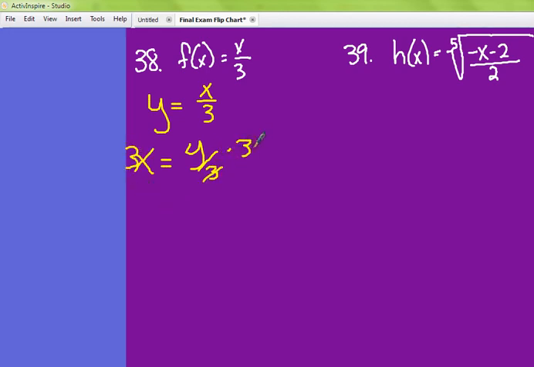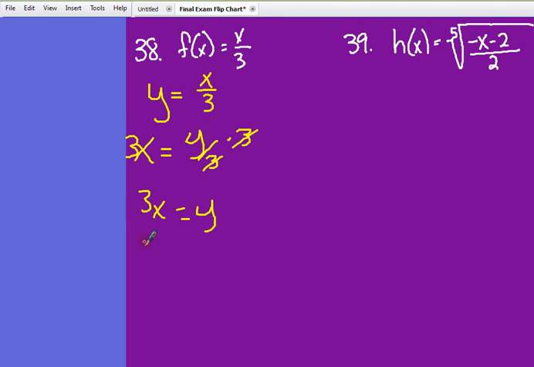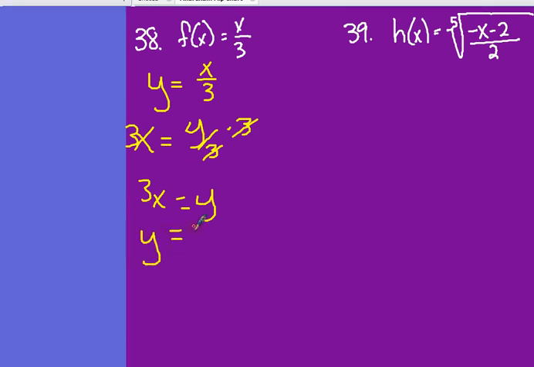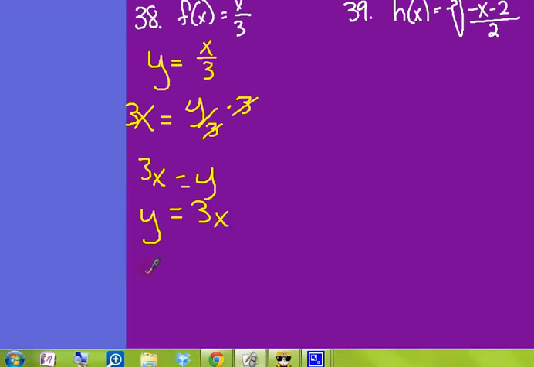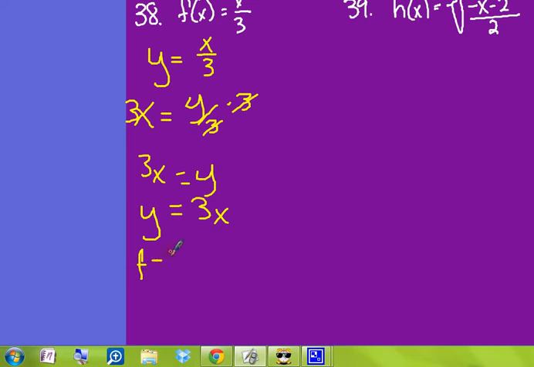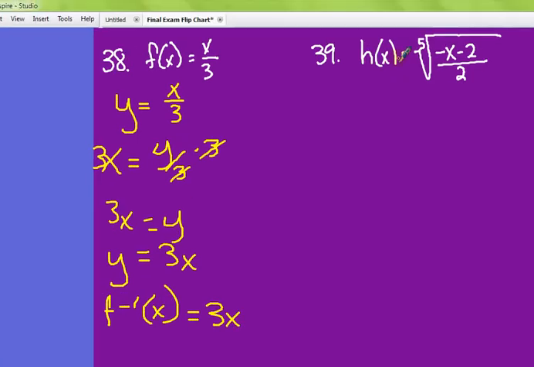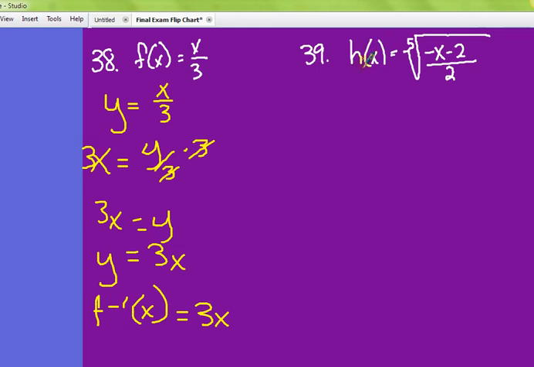That'll strike out this. And I'll get 3x is equal to y, and I prefer to see the y on the left, so I'll just switch sides. And then I'll convert this y to an f inverse notation, because it needs to denote that it is the inverse, and this is the best way to do that. So there's your answer.